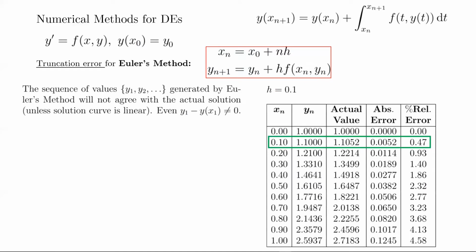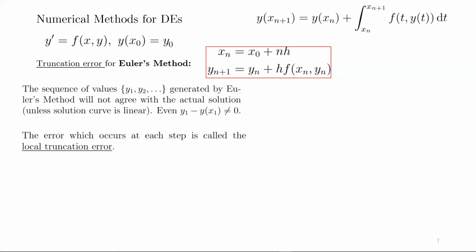Even the first step, remember we went from the initial condition x0, y0, even after one step we had a 0.47% error. The error which occurs at each individual step is called the local truncation error. So each individual step of Euler's method incurs a local truncation error.